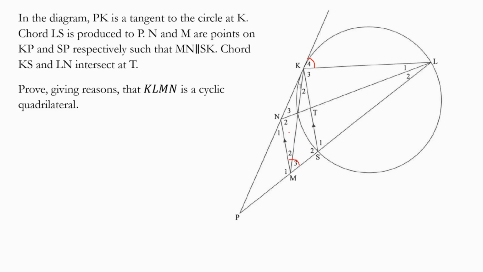Angle NKL is equal to 180 degrees minus angle K4, because these are adjacent angles on a straight line.